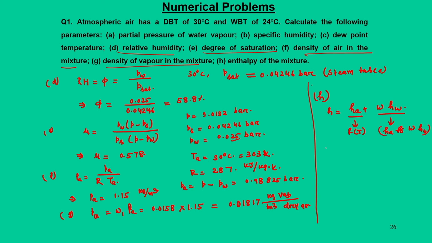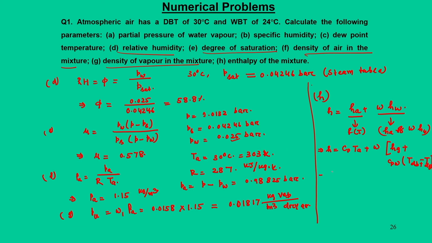So, from this we can write this as Cp Ta plus omega times Hg plus Cpw into T dBT minus T dPT.